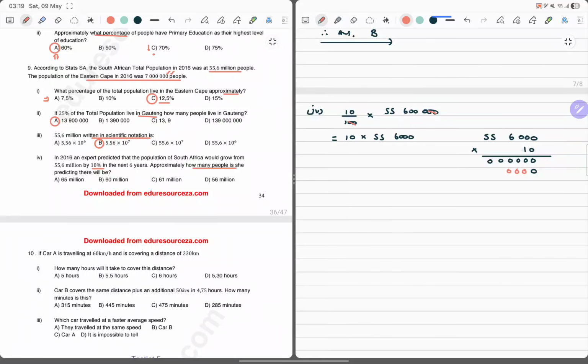That times that is 0. That times 6, 6. That times 5, 5. That times the other 5, 5. We add. So this is 0, 0, 0, 0, 6, 5, 5. So the answer here is 55 million.